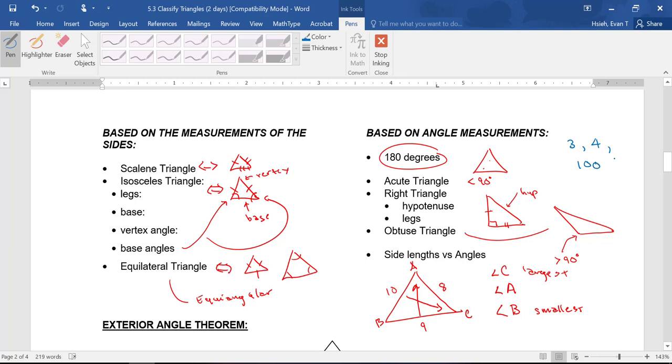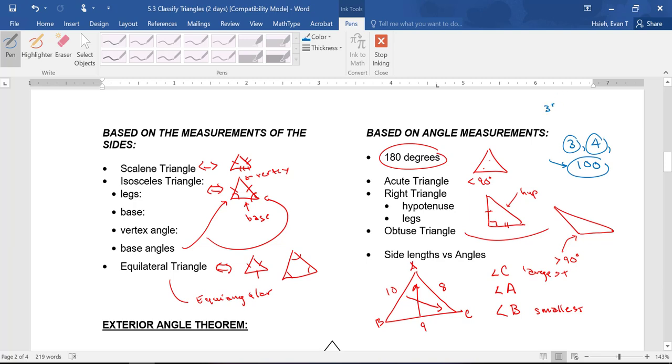So 3 inches by 4 inches by 100 inches, for example. And hopefully you can see that you can't. This side is going to be way too big for these two original sides, the 3 and 4 sides. And so there's a restriction on that third side given the first two sides of a triangle.